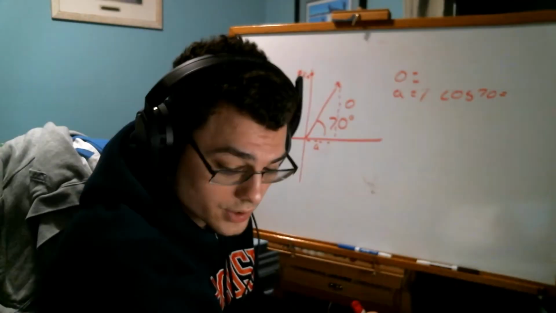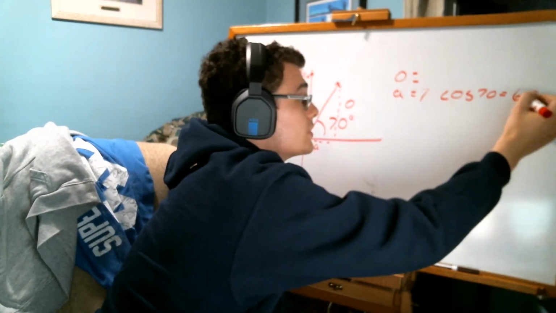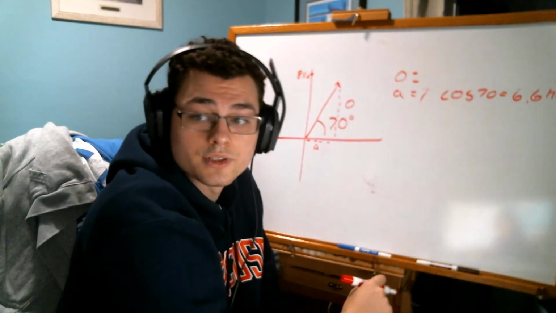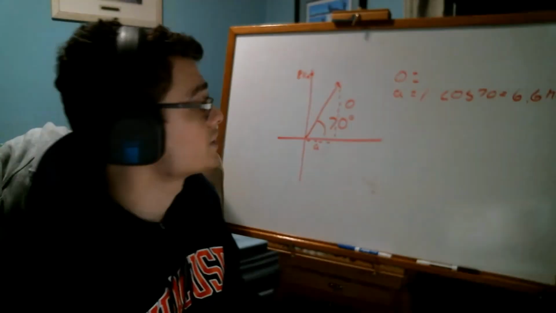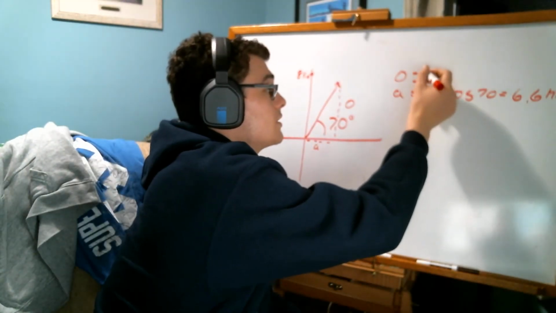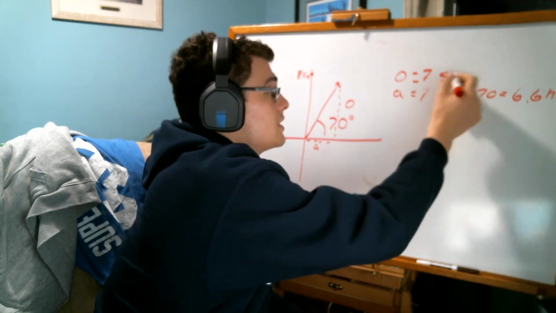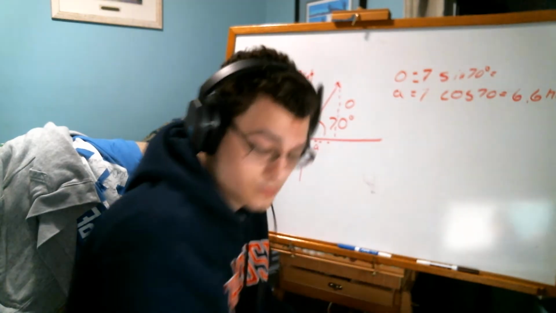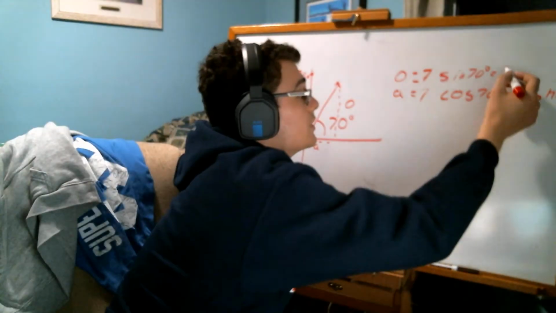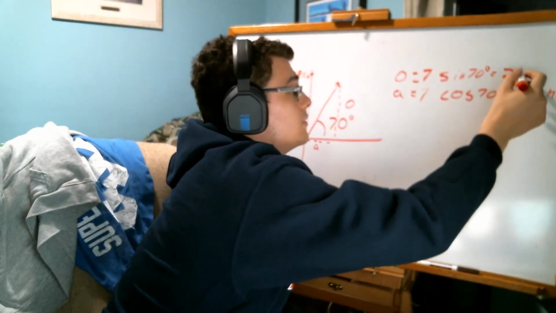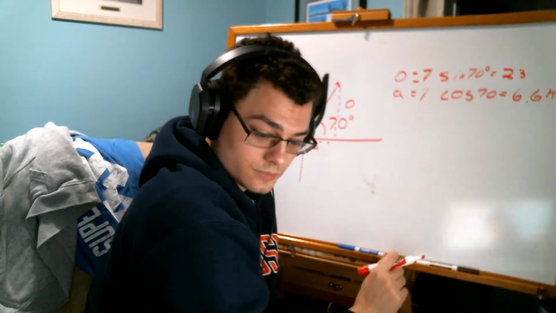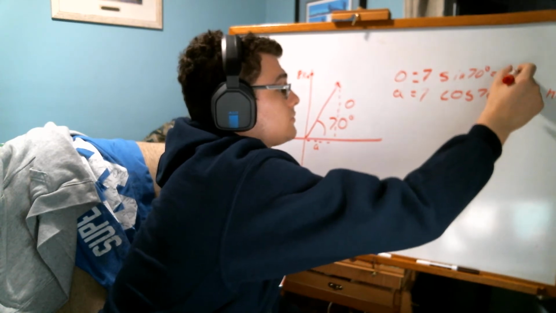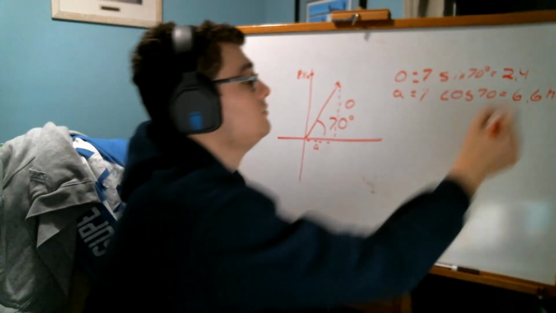I've done the calculation here, and this gives you about 6.6 kilometers. And then the opposite is going to be 7 times sine of 70 degrees, and that will yield us 2.3. I guess if we round up, this is 2.4 kilometers.